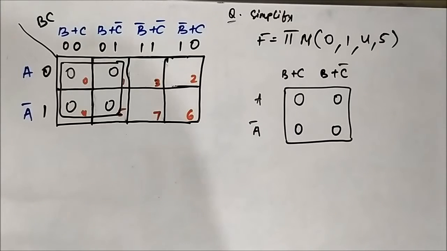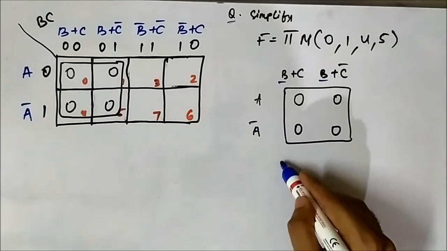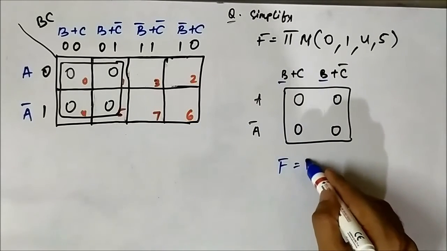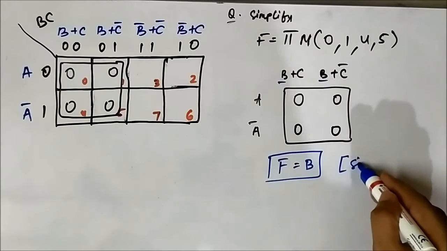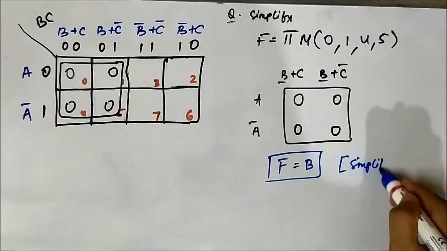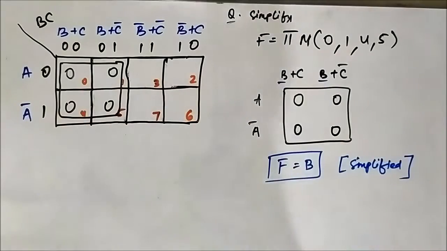In the vertical side we have B common. So the simplified Boolean expression is F is equal to B. So this is the simplified Boolean expression.